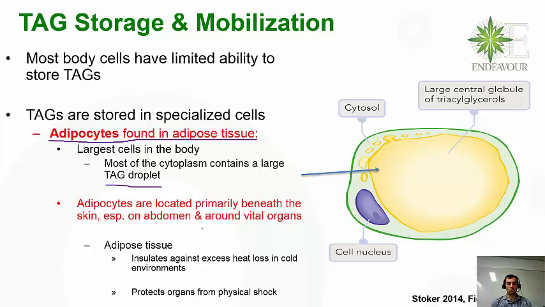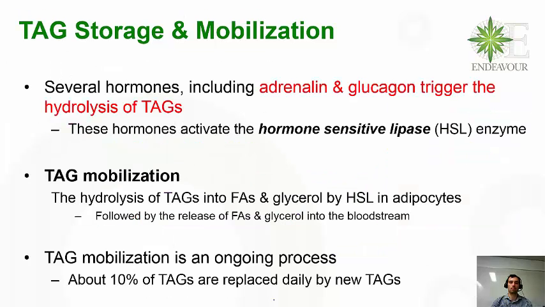Especially the fat around vital organs can actually be quite dangerous and have poor health outcomes. So one advantage of having the adipose tissue though is that you're actually insulating yourself, so it's easier to retain heat in cold environments, and it can also protect organs from physical shock if there is sudden impact.